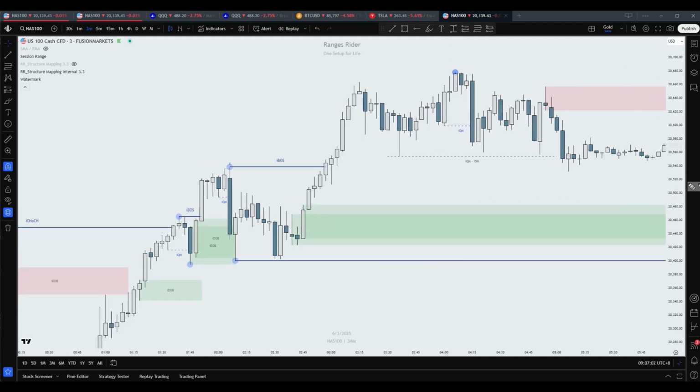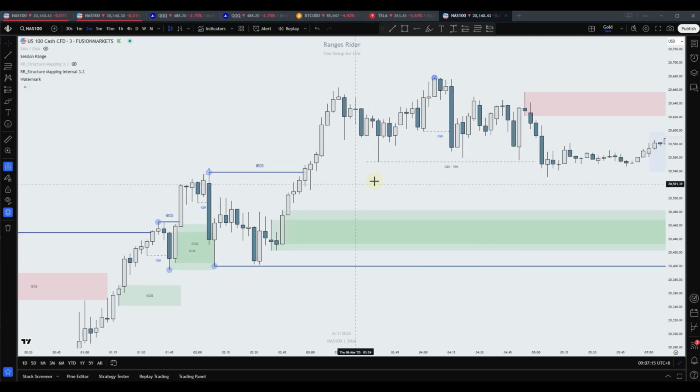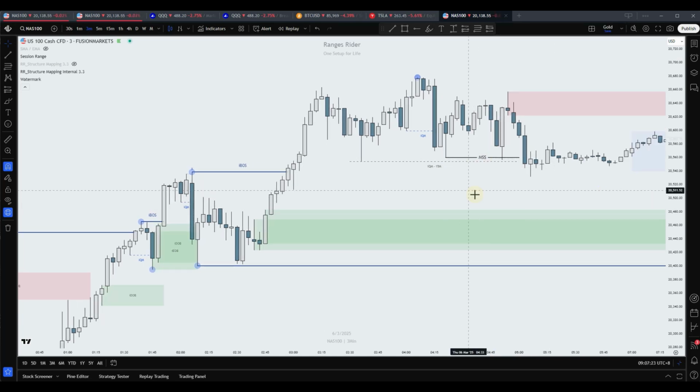Look here, this is the range, and this range is confirmed here, and this is the leg which is attempting to make a new high. So rather than make a new high, instead it failed. Once it failed, it turned into what? A market structure shift.